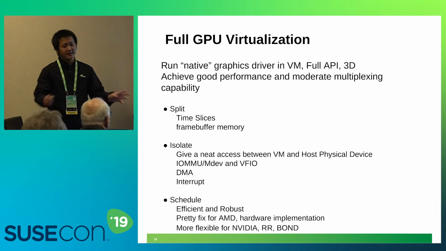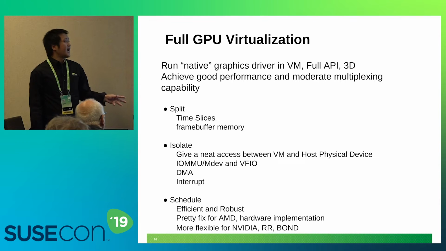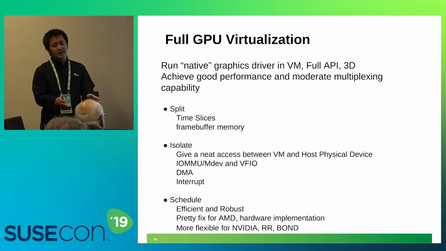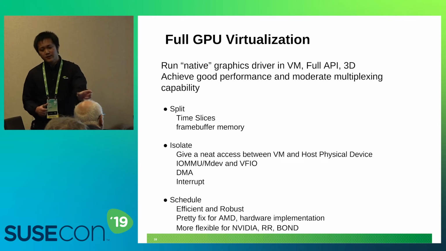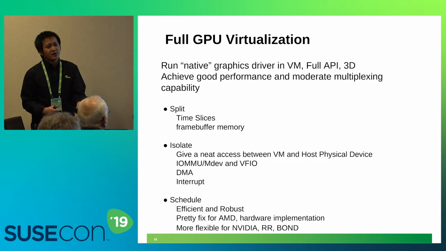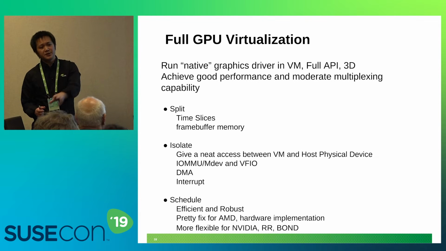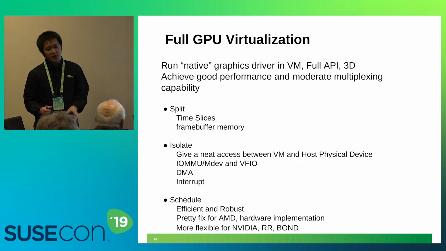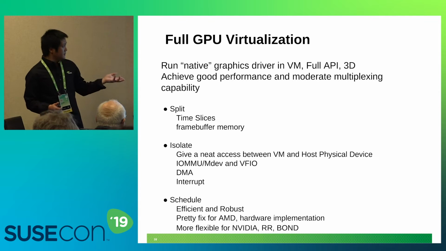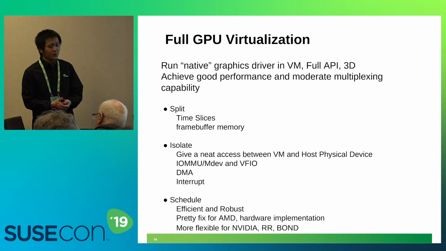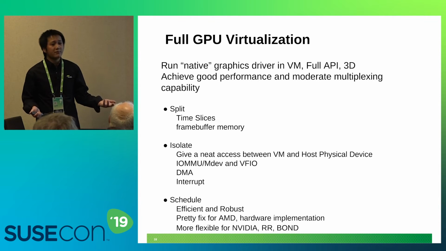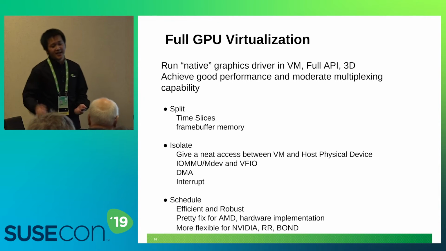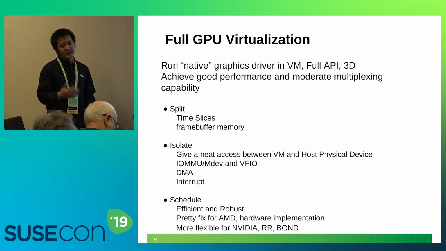But generally it's fair. They use time slices: they give you different vGPUs, and once it's their turn, each will take the whole GPU for their work. So that's the split. And the difference is the frame buffer memory, or the video memory, we are talking about here. If you really like the guy, you give her or him 4 GB, normally 2 GB.